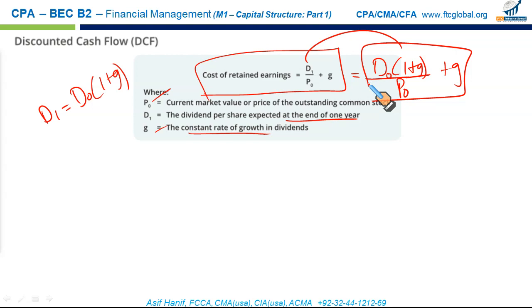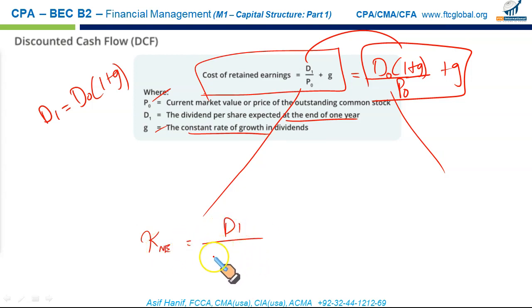Now, let's say the firm issues new shares. This formula will then be a little different. Cost of new equity, I'm going to write it as NE, is equal to D1 upon the net issue proceeds. That is, if you sell the share at 115, but there is a flotation cost of $7, it means the net issue proceeds per share is going to be 108.